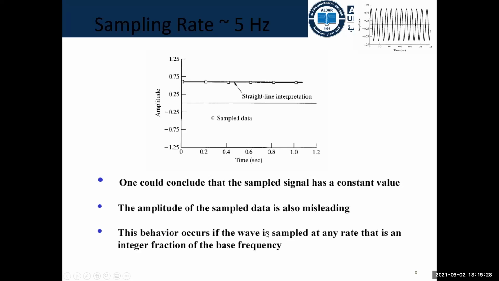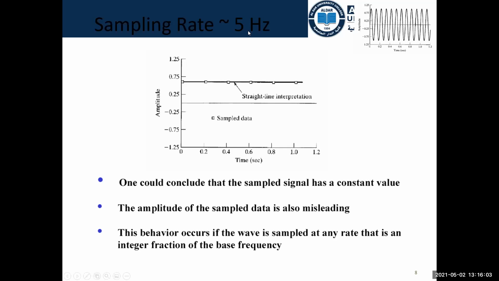This behavior occurs if the wave is sampled at any rate that is an integer fraction of the base frequency. So we have 10 hertz, the original one, and 5 is a fraction of 10 because 5 is half of 10.